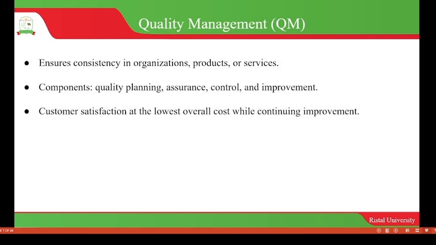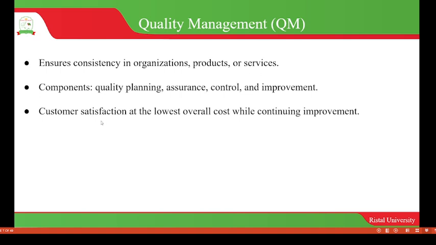And when the activities in all these aspects are being accomplished, that means there will be maintenance of the desired level of excellence, or there will be consistency in organizations, products, and services.